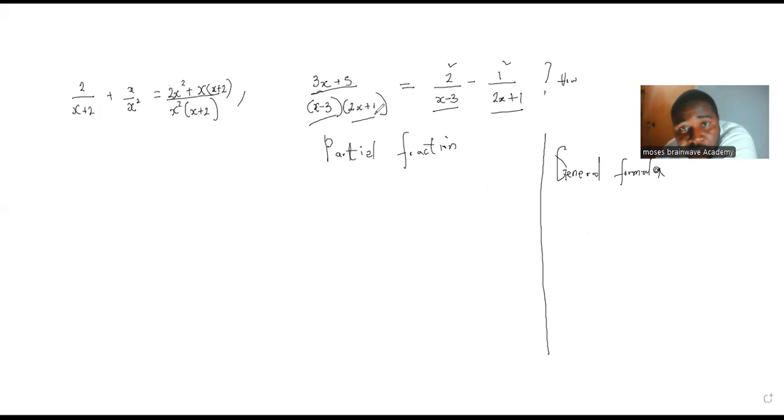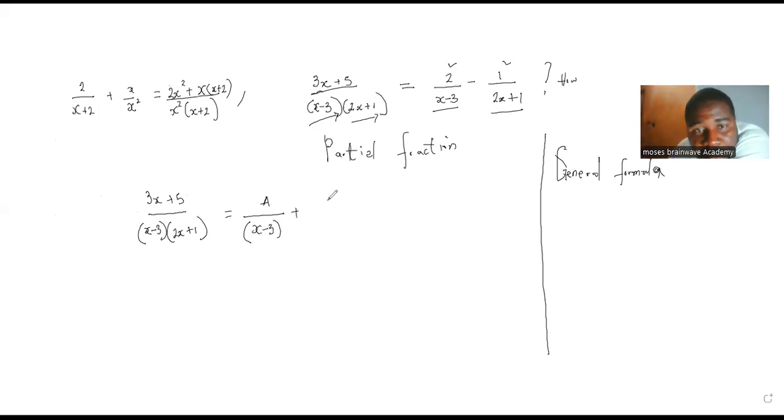If it is of this form, definitely you should know that your expression 3x plus 5 upon x minus 3 times 2x plus 1 is going to be a particular number which we don't know, upon x minus 3, plus another particular number which we don't know, upon 2x plus 1.